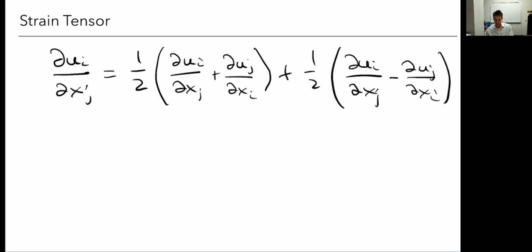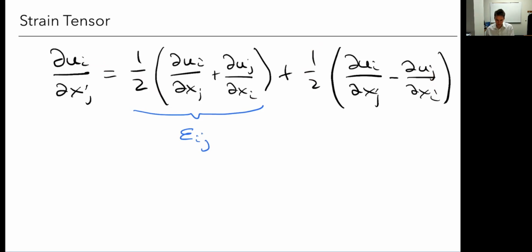But what I did is break up my original tensor into a symmetric component and an antisymmetric component. So this component here is symmetric. We call this the strain tensor, right? Whereas the original one, I don't know if I actually called it the strain tensor. If I did, I shouldn't have. It's just the velocity gradients.